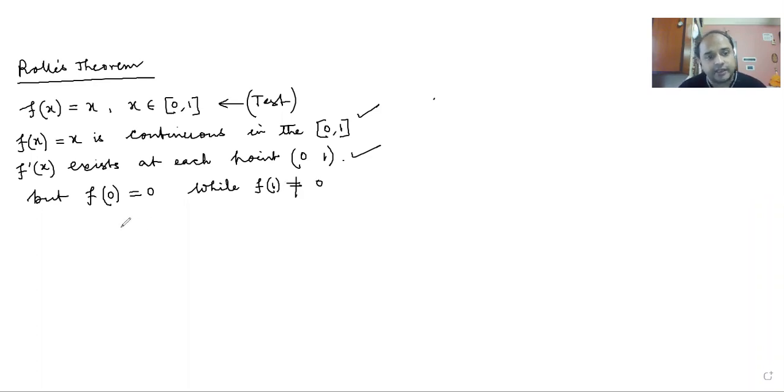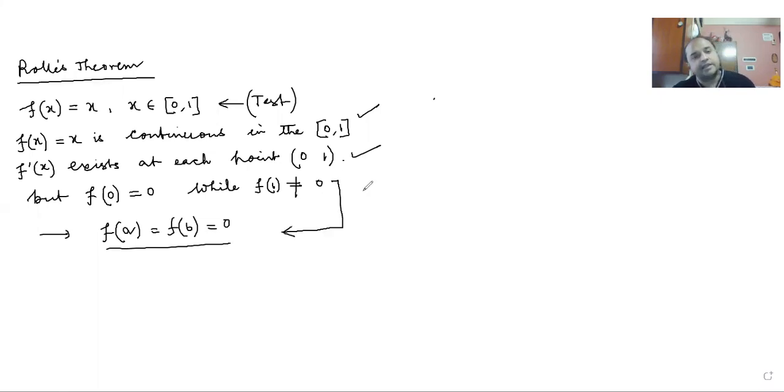So the third criterion of Rolle's theorem, that f(a) is equal to f(b) is equal to 0, is not getting satisfied, and therefore this function, by Rolle's theorem, we can say doesn't have any extremity in this particular interval.